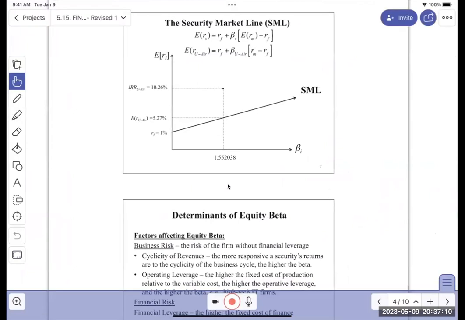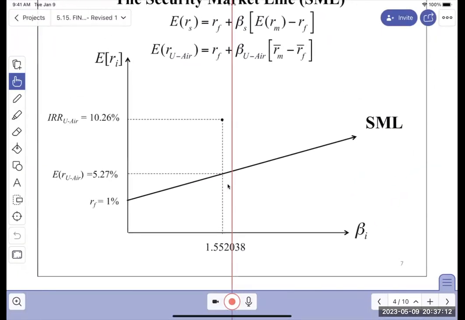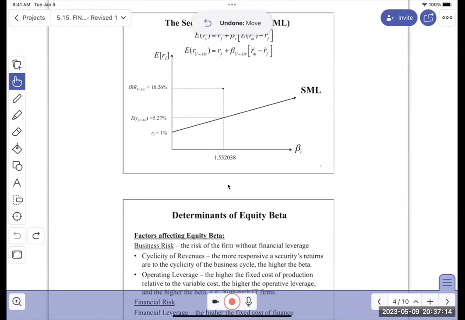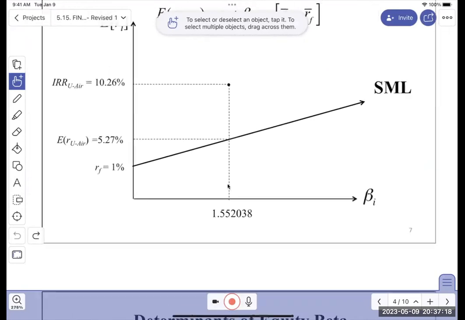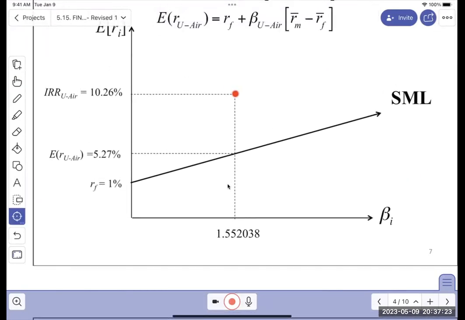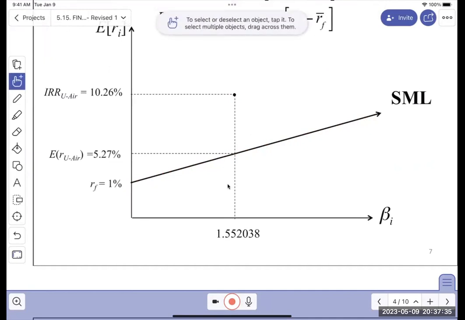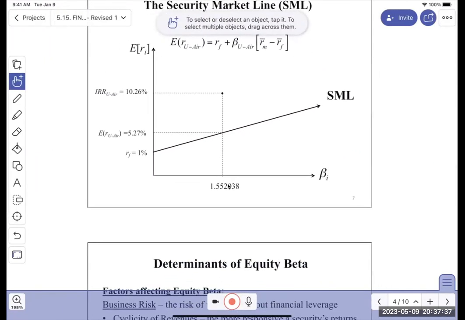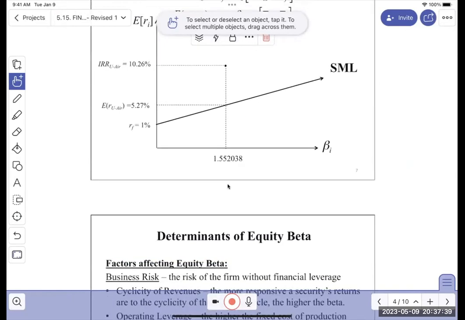So currently UAir is above the line. It should be pursued, all right? It's a very attractive investment. So on this SML are assets, all classes of assets, all securities, and even projects should be on the line.